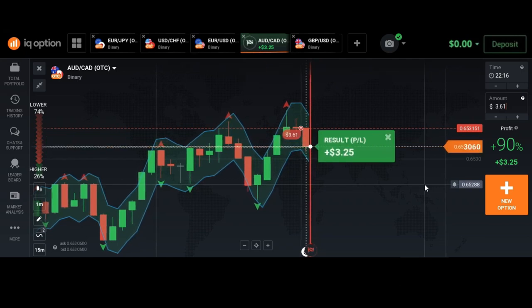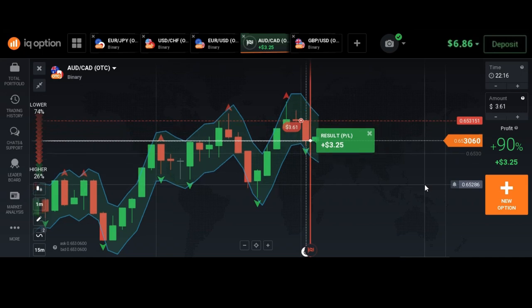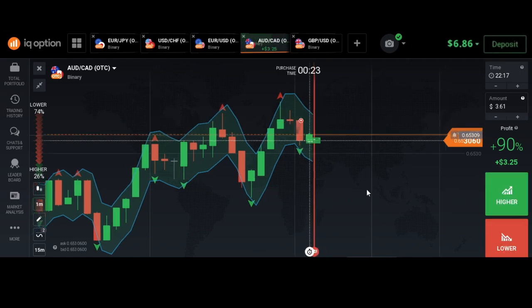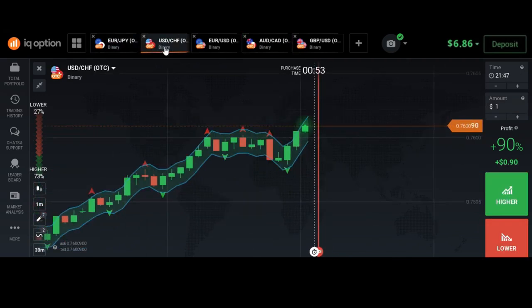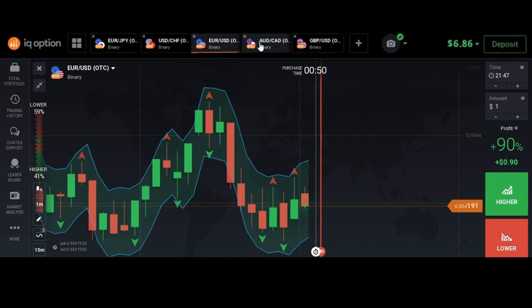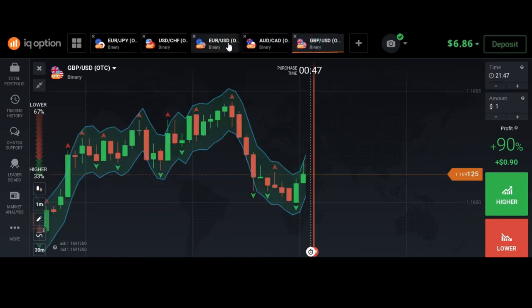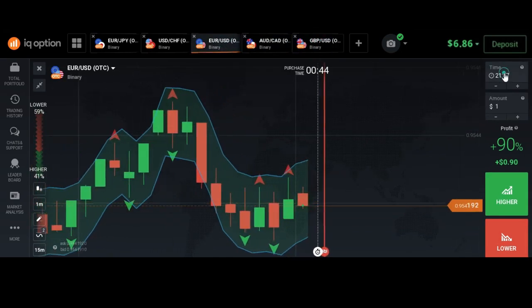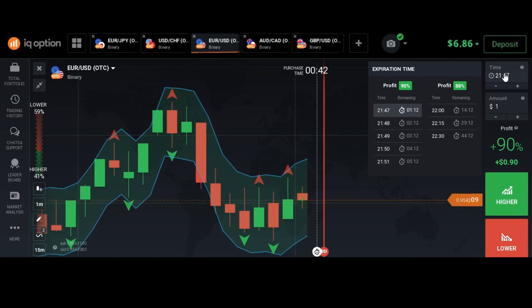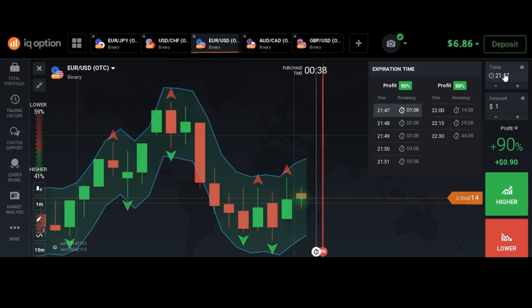Operation 1. I'm going to find another currency pair where there may be a good entry. Here there is one. This operation is very similar to the previous one.